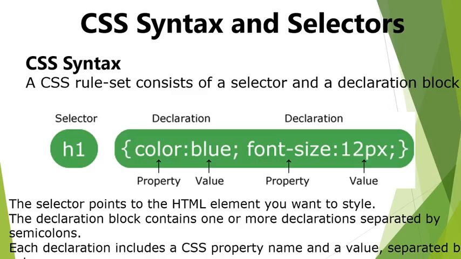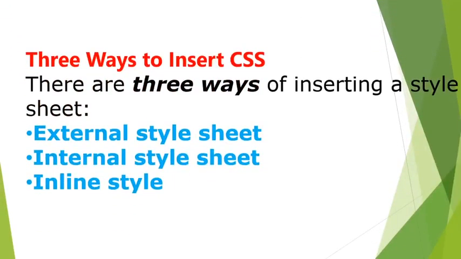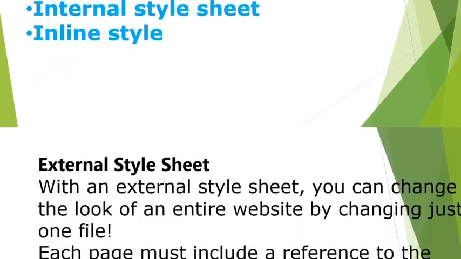Therefore we shall be doing some of the practical bit later. There are 3 ways to insert CSS into a HTML document. You can use an external style sheet. You can also use an internal style sheet or inline.